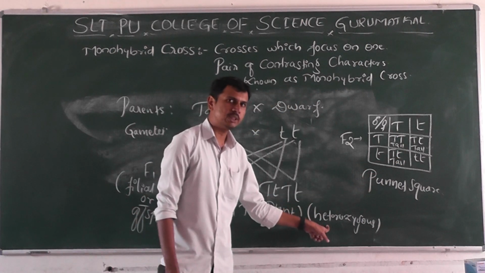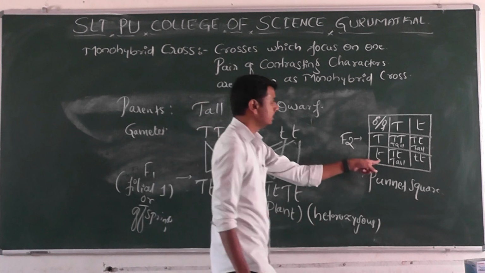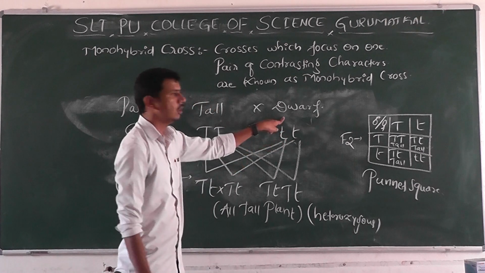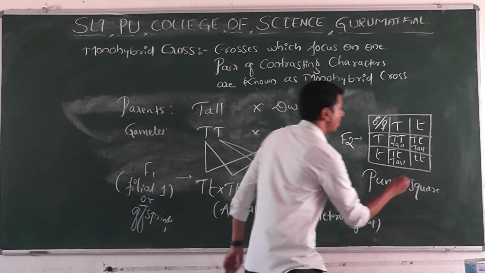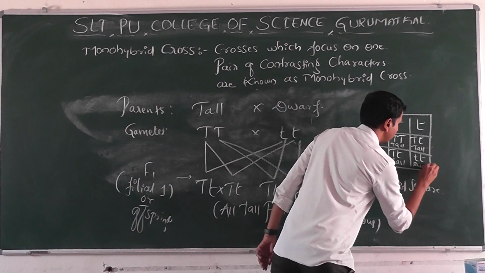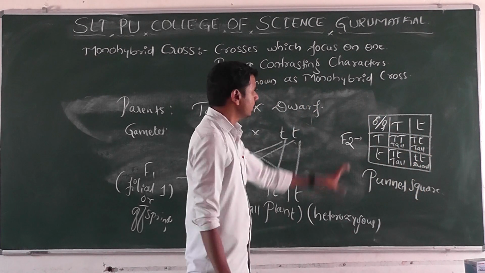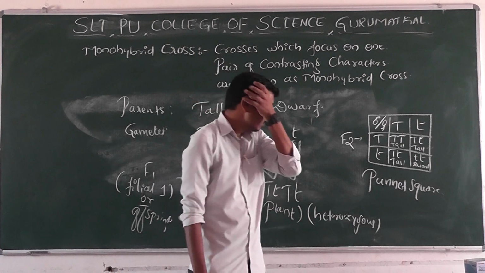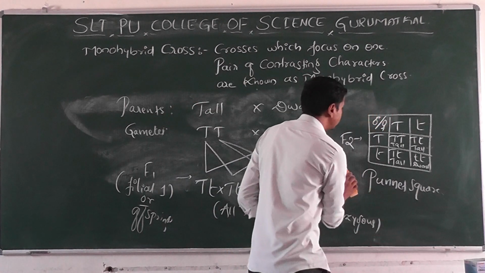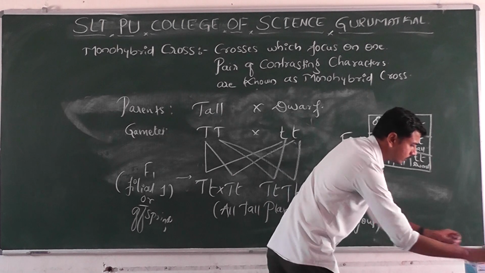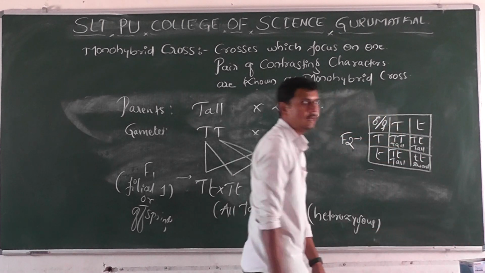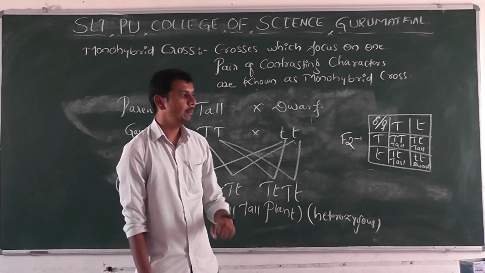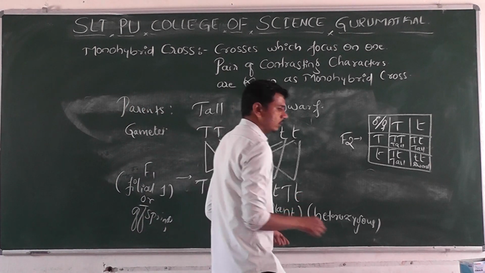But the genes present here are heterozygous. Then small t means a dwarf plant. So this is what we will get in the F2 generation. Now we have to concentrate on the phenotypic and genotypic characters. So now I'll just drop this.